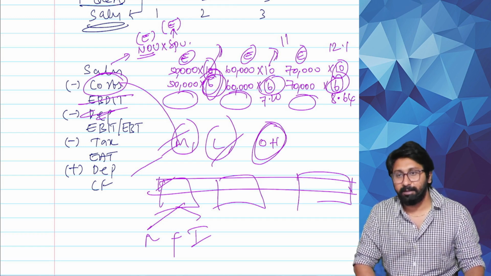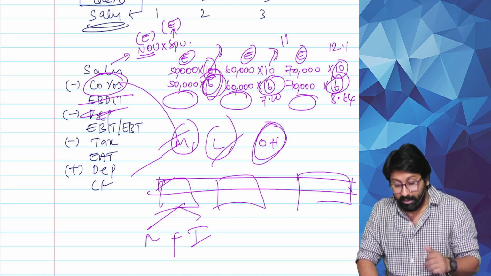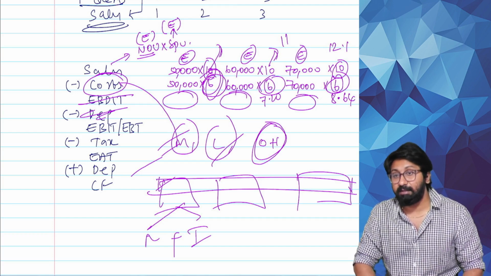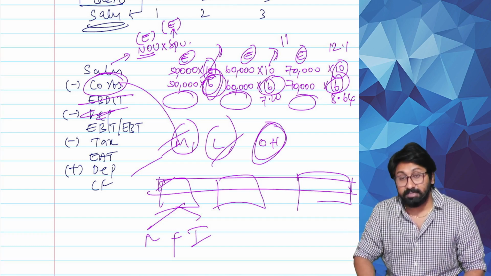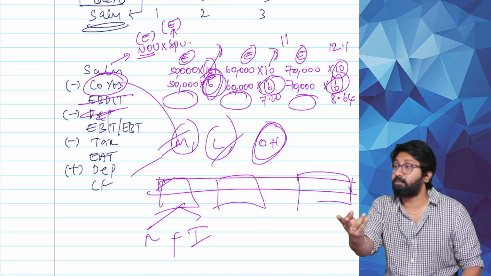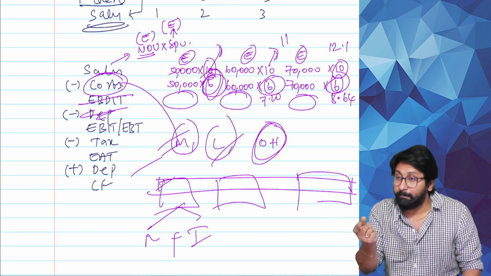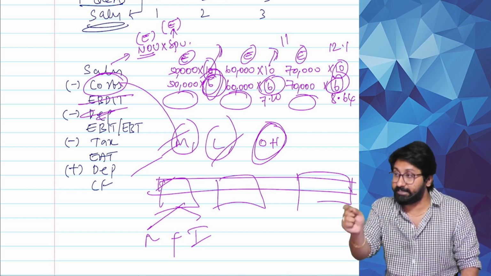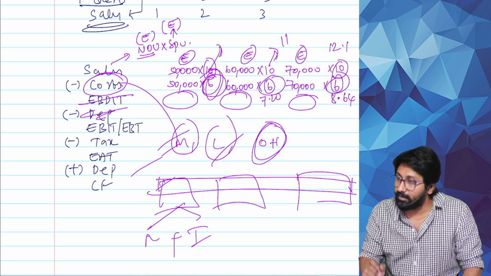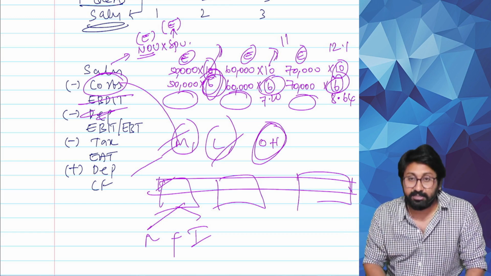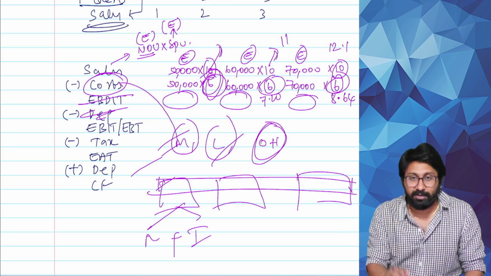But first year, what is the sale? Number of units 50,000. Sale price how much? Price, not sales value. Sale price 10 rupees. What is the total? 5 lakh. What is the cost? 3 lakh. What is the EBIT? 2 lakh.